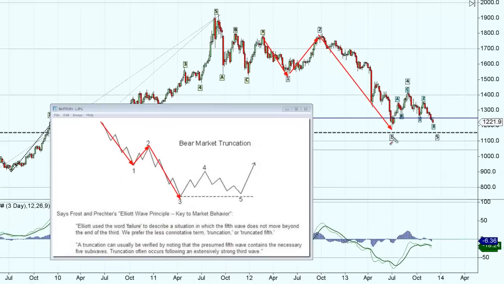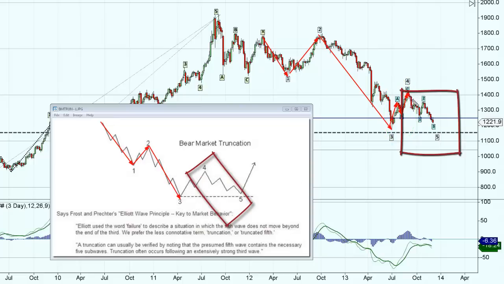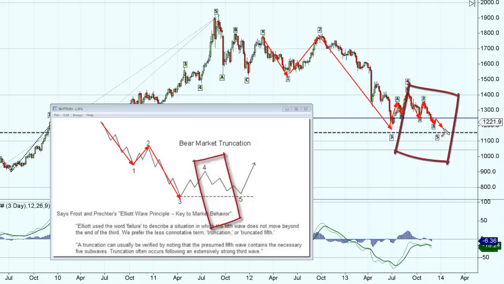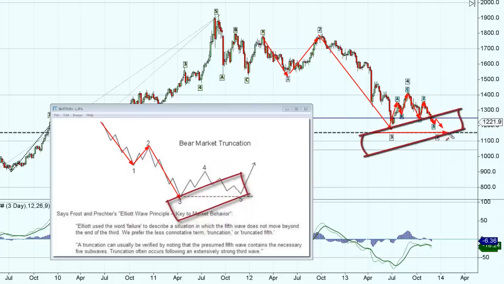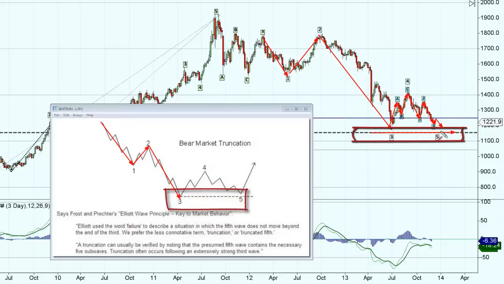You get a typical ABC fourth, and then your fifth is usually composed of a 5 count, in which so far we've gotten 3. 1, 2, 3, and it can truncate at 3. We could get 4 and then a fifth. You get equal lows, and then from these equal lows, meaning 1181, you start to get your move up.